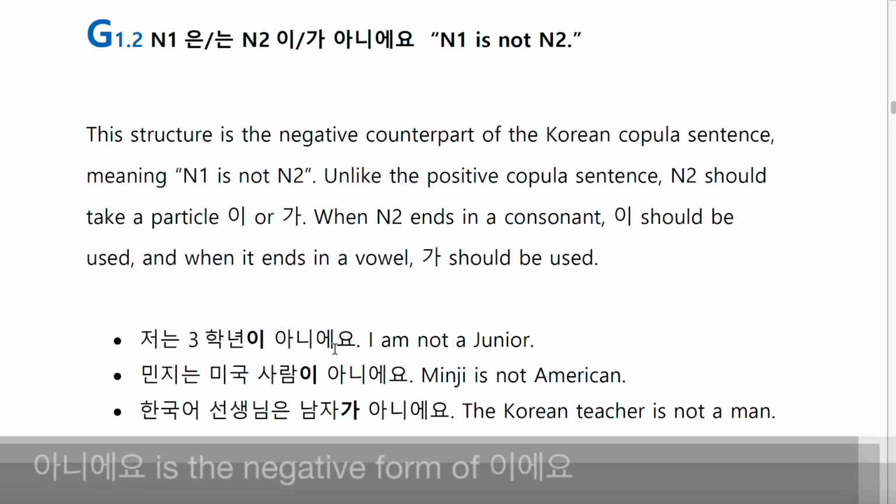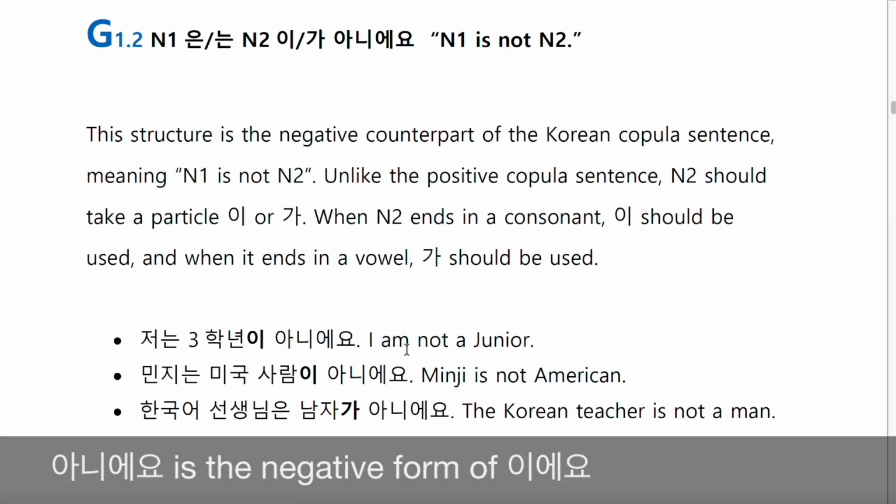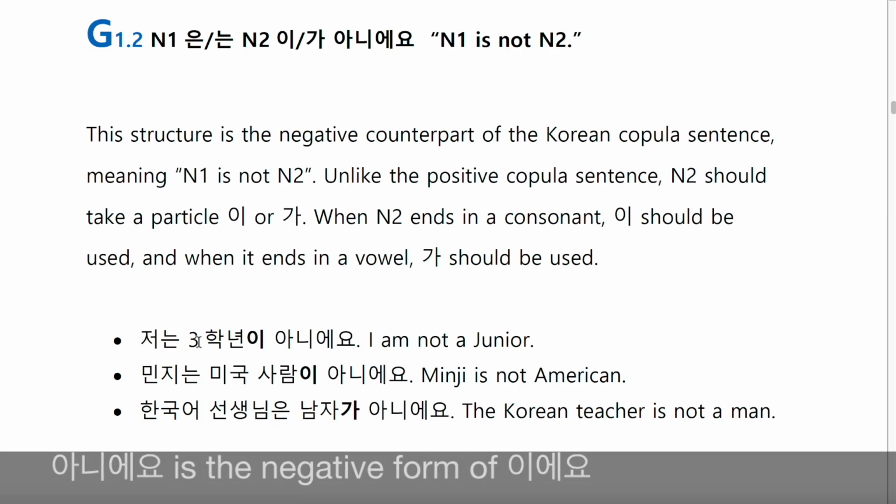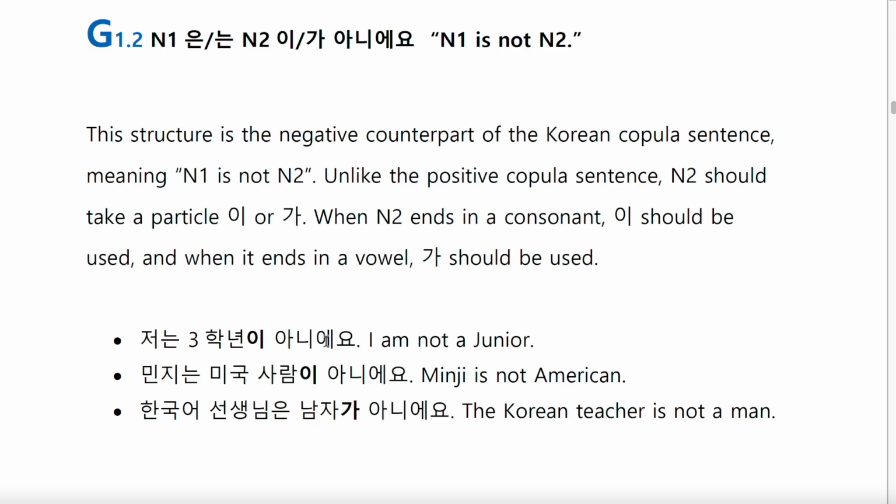And 아니에요, 아니에요 is the negative form of 이에요. 그렇죠? 저는 3학년이 아니에요. So unlike the positive copula sentence, we don't just attach 아니에요 to the second noun. We need this particle 이 or 가, and there should be a space, and then we should put 아니에요 after that.